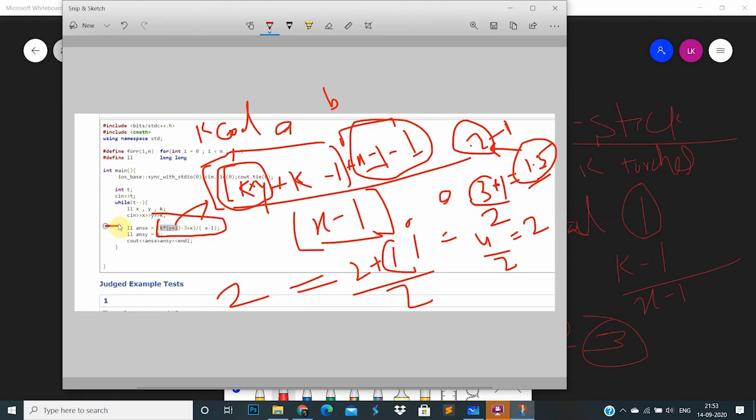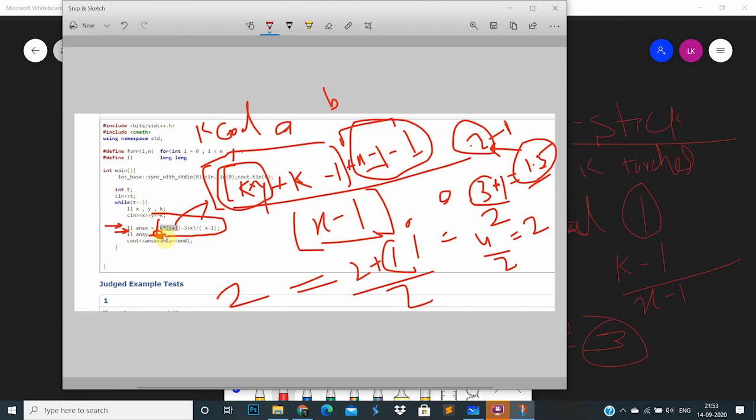This number is required for making the sticks, the total number of trades for making the sticks. Now we have the sticks, but now we have to convert the sticks into coal. For how much coal do we require? k. So we have to add k also.